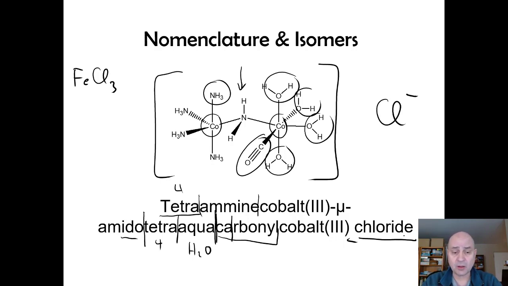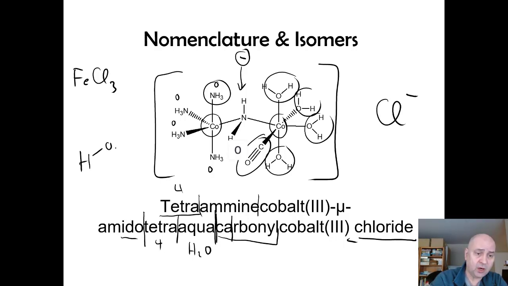So now, based on the ligand names, you know that all of these amines are neutral, and you know the charge of the cobalt, and I told you that this right here has a negative charge. The carbonyl ligand is just 0 or neutral. And what about those aqua ligands? If you had to figure it out, obviously water is not charged.